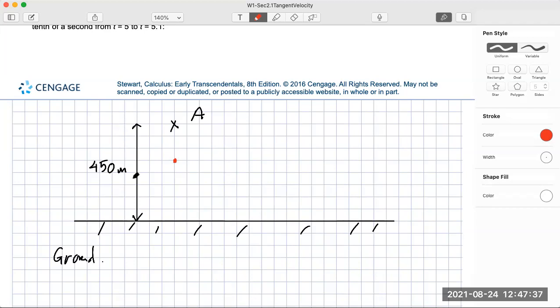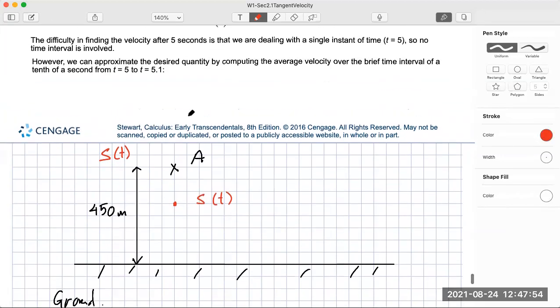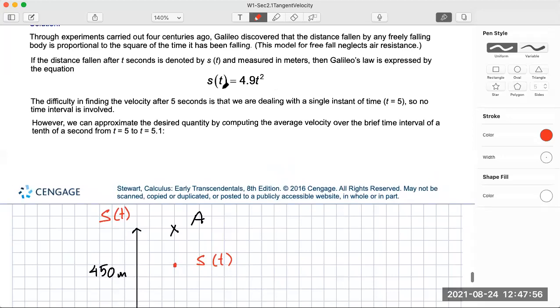And if we call the vertical axis the distance, the S coordinate, okay? Then after t time, suppose it is somewhere here. And the question is, what is the velocity when t is equal to 5? Okay.